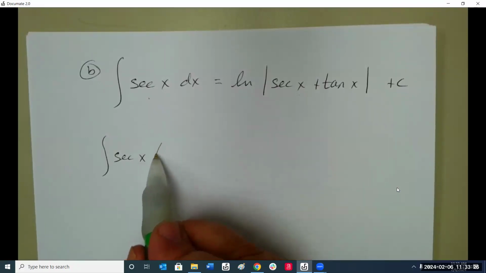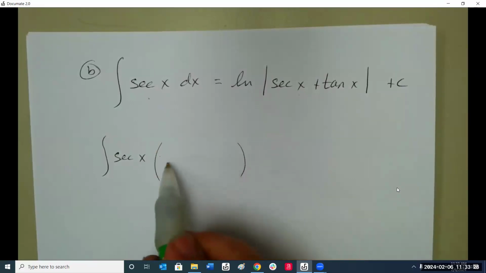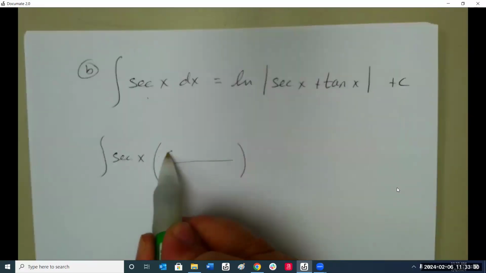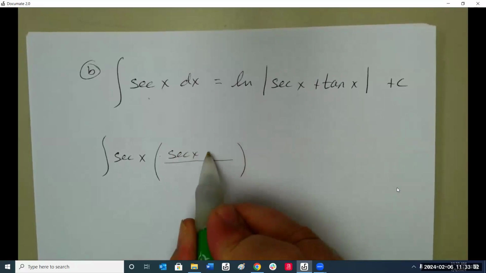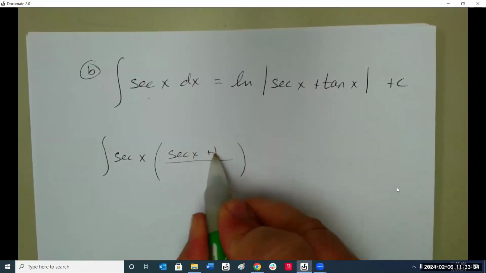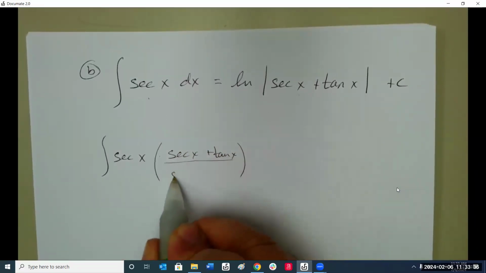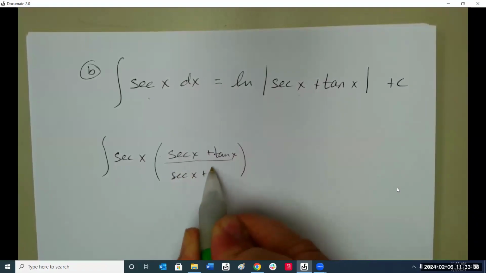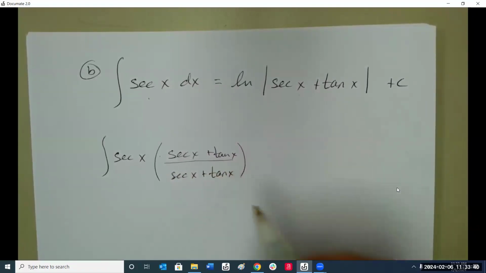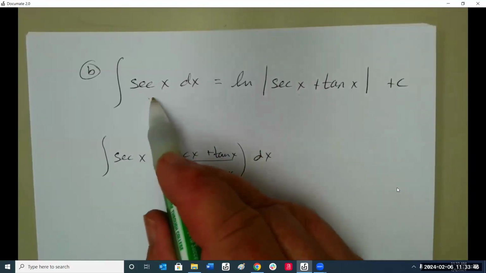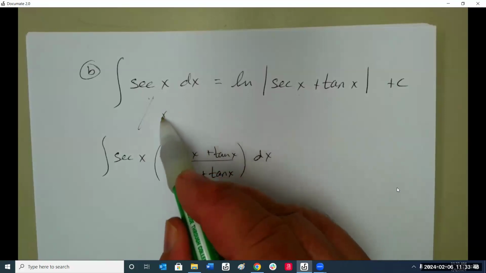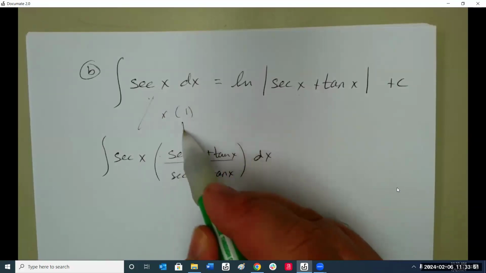What this one's saying, our 1 is secant x plus tangent x over secant x plus tangent x, dx. This is our secant times 1.